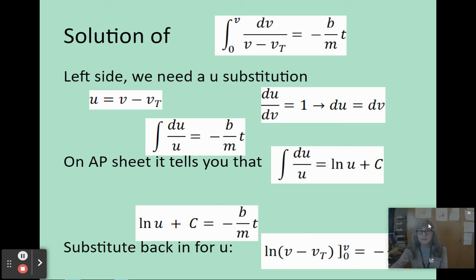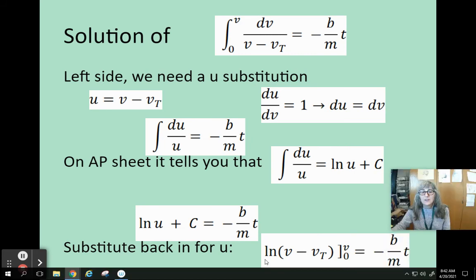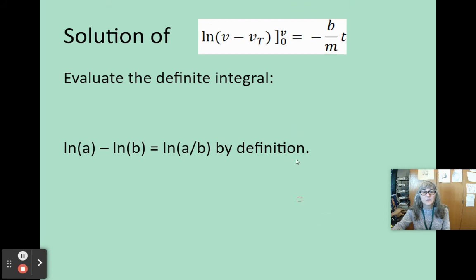So now you substitute your u back in, and because you're doing limits of integration from v to 0, that c you don't need to worry about. So you have the natural log of v minus vt, the terminal velocity, integrated from v to 0, is equal to negative b over m t. And now we're getting there.